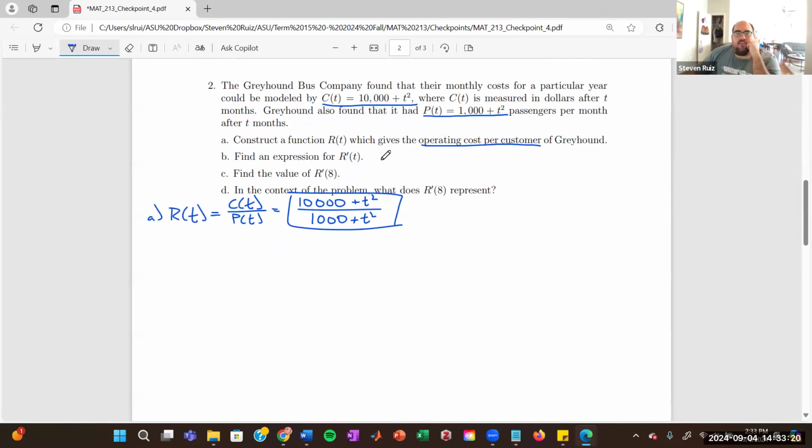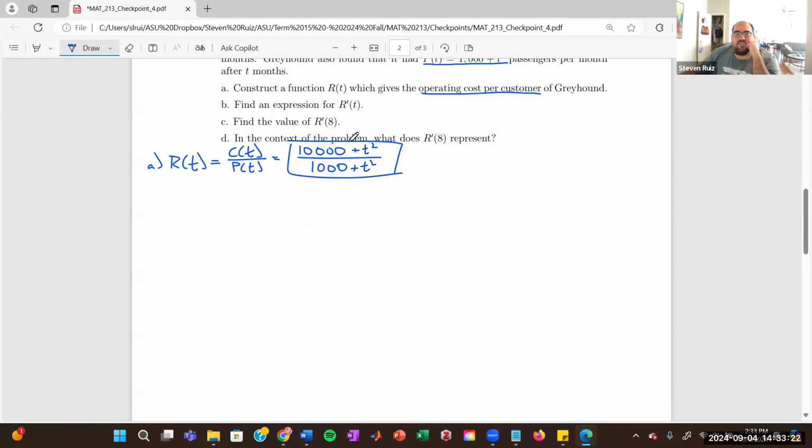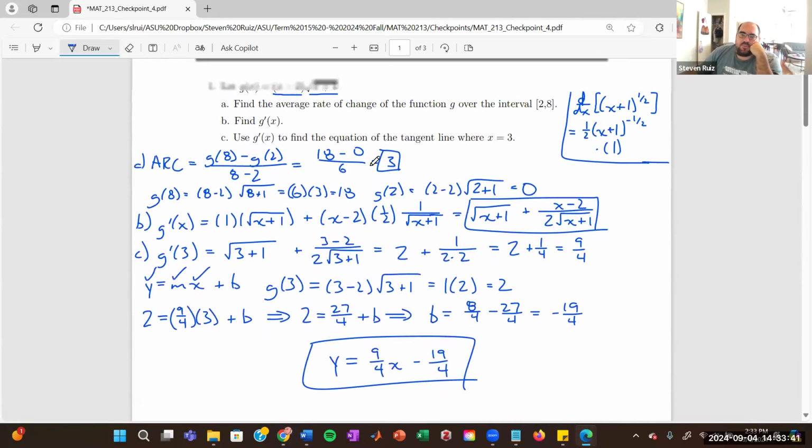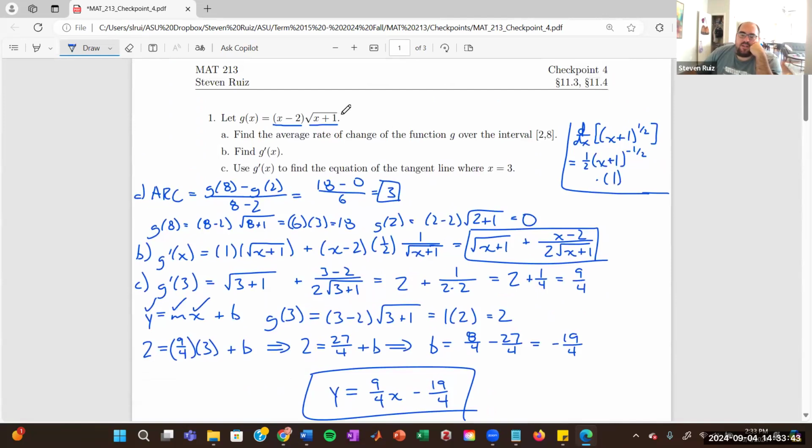All right, so now that I have R, I want to find an expression for R prime of T. So I need a derivative. I have a function that is basically one function divided by another, so I would like to use the quotient rule. How does the quotient rule work? Similar to the product rule, but there's one thing we have to pay attention to. In the product rule, you have two functions multiplied by each other.